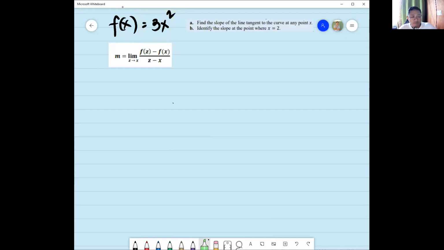So f of x is 3x squared, and f of z will be equal to 3, copying it but changing our x to z, z squared. Okay? z and x are just the variable for that squared term. That's it.